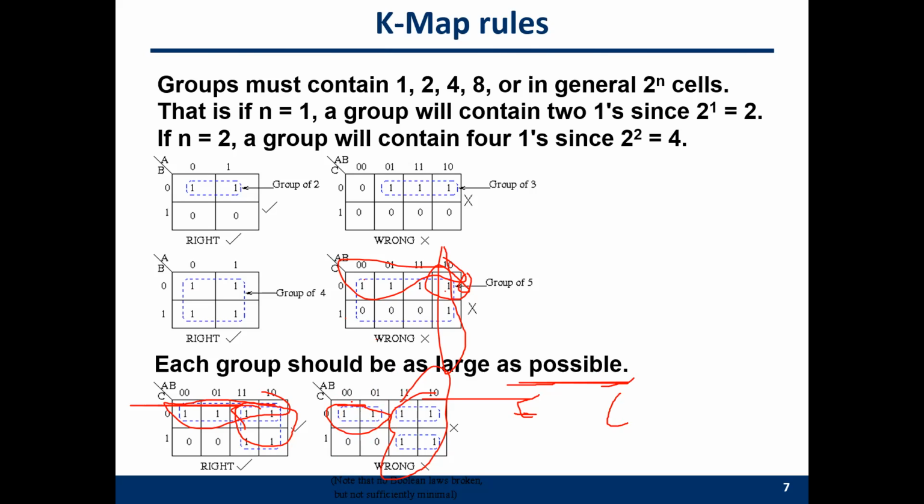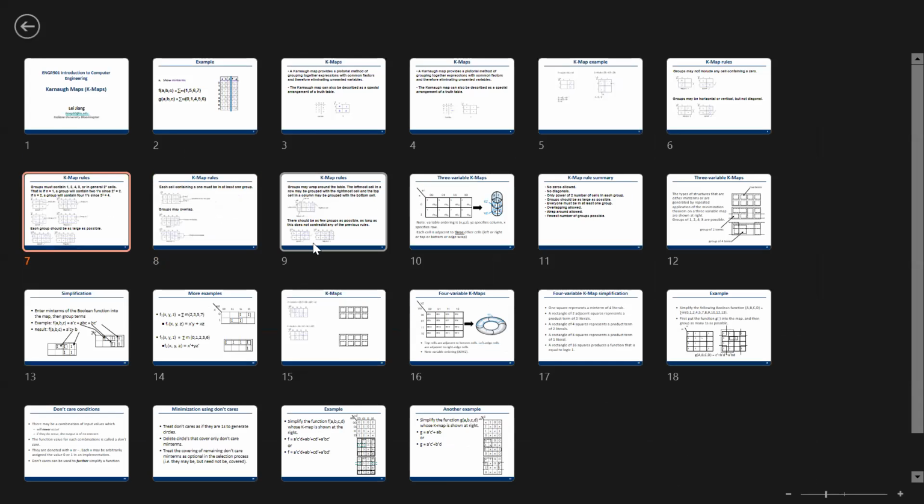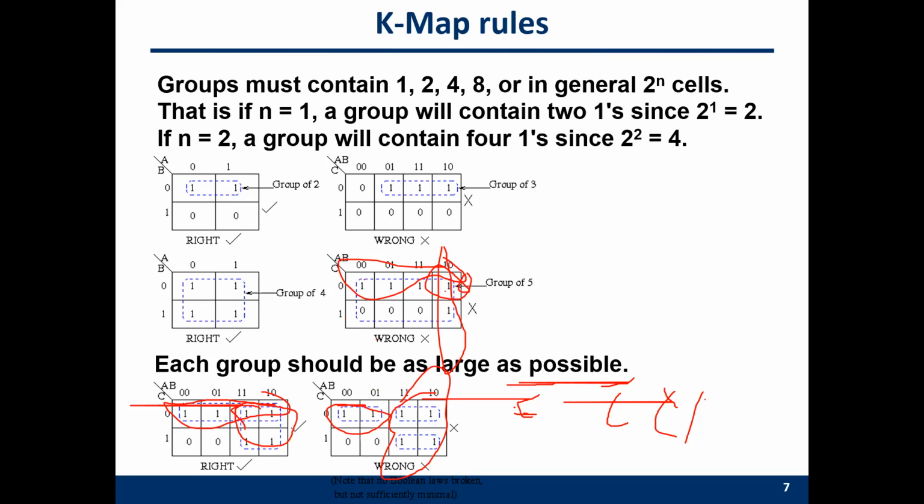Then for these 2 boxes, A is always 0, but B can be 0 and 1. So this group can be represented by C bar and A bar.